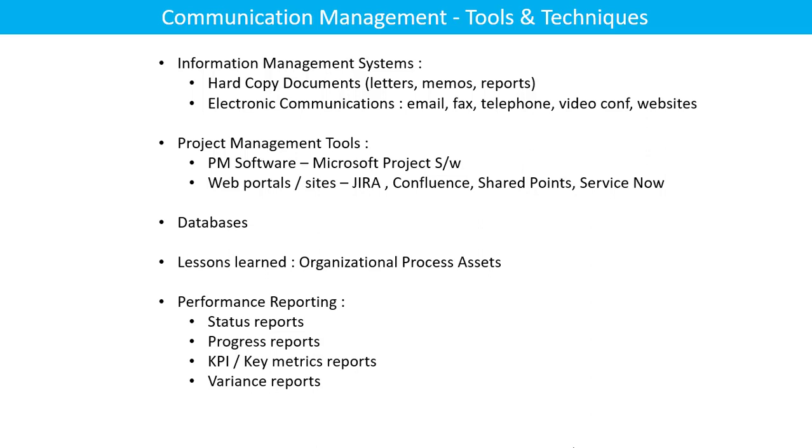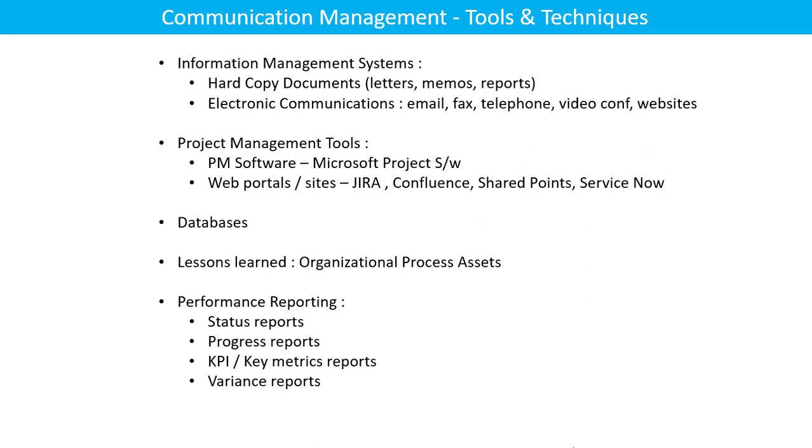Performance reporting. We have status reports, progress reports, KPI key metrics reports, and variance reports. These performance reports give each of our stakeholders an idea of the progress and the status, what we are facing in the project, what the different risks and challenges are, how much we have done, what is left, and whether we are able to meet the SLAs, deadlines or timelines or not.